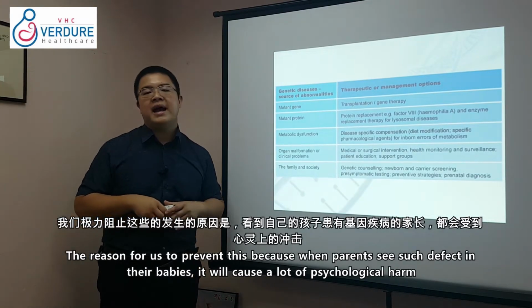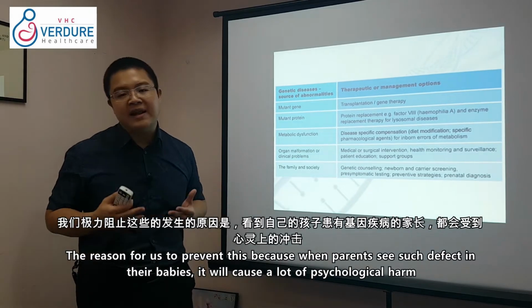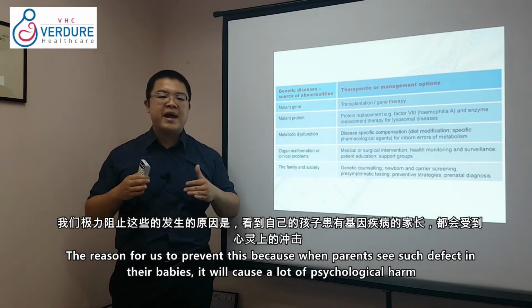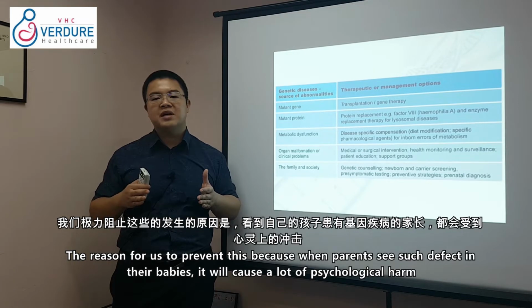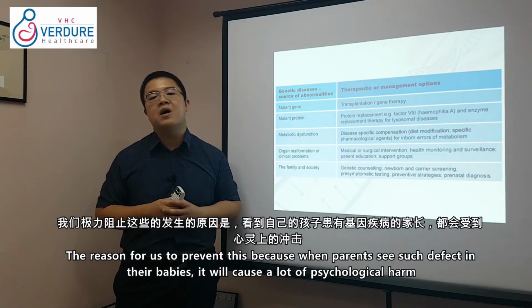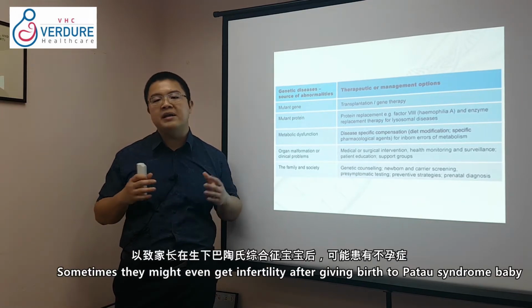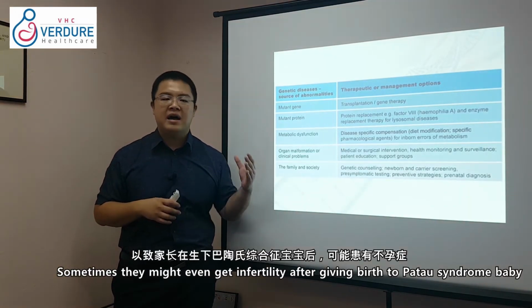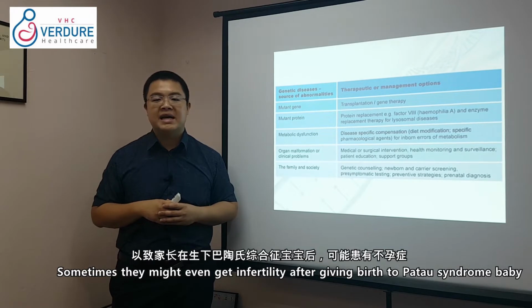All right, and the reason why we need to prevent this is because when parents see such a defect in their baby, it will cause a lot of psychological harm. And sometimes they might even get infertility after giving birth to a Patau Syndrome baby.